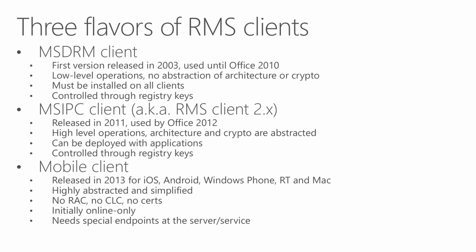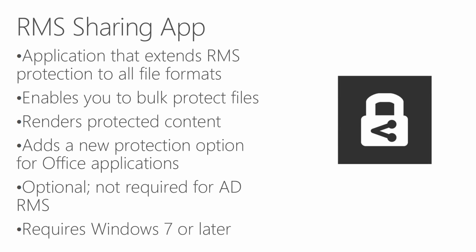The mobile client is specifically designed for mobile devices, which usually don't have the power to generate so many certificates. This process has to be much simpler. And this is the IMS sharing application, which I installed on my laptop, where I can right-click and see that option to encrypt and open the document.